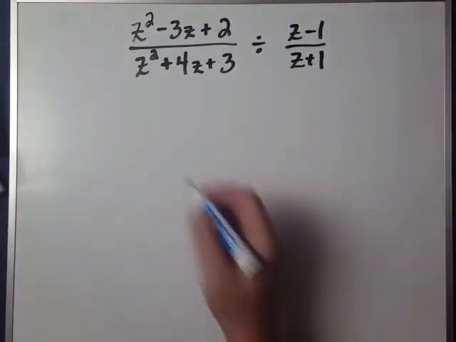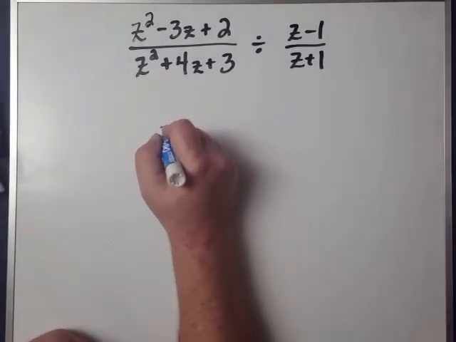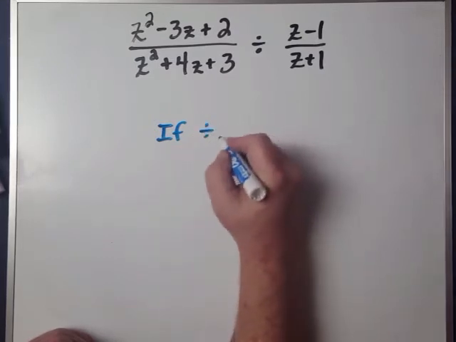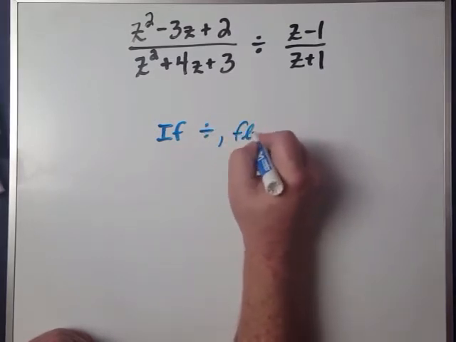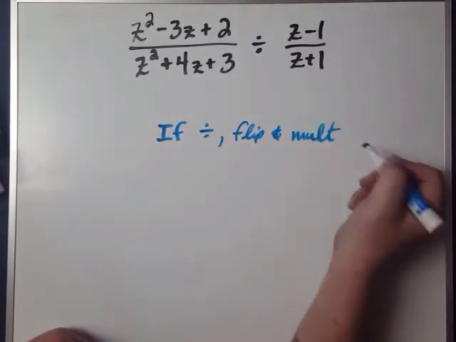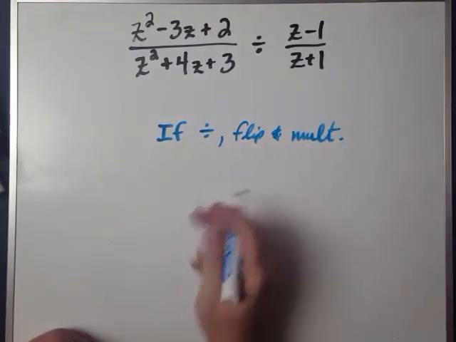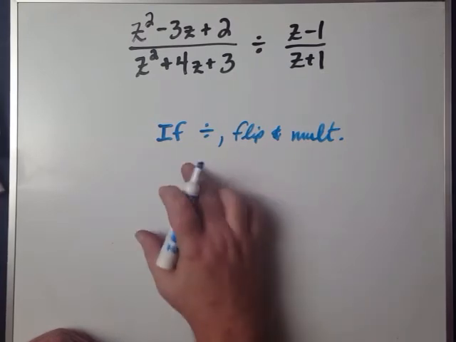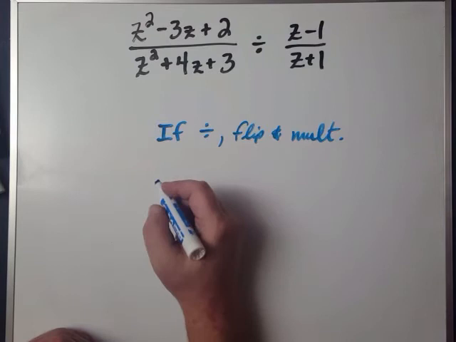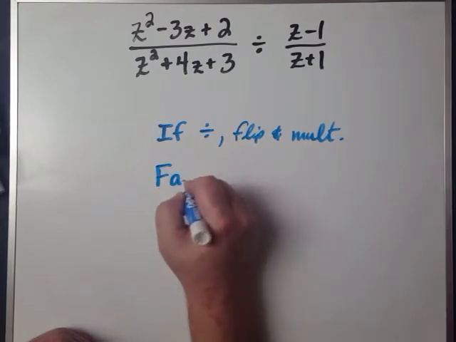Okay, so my blue box goes like this. If it's division, flip and multiply. Now that you're under multiplication, you either started with the multiplication problem or you've done a flip and multiply to change division. Then what do? I want everything factored.